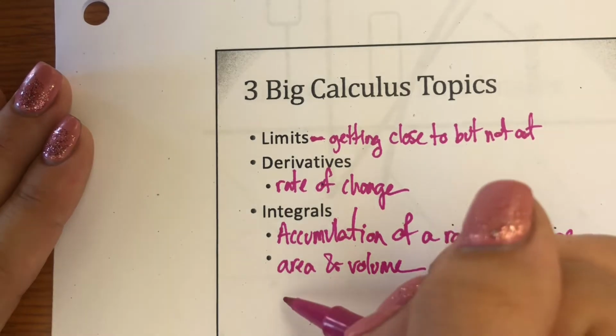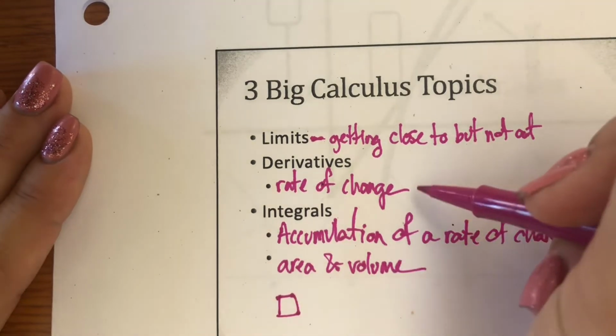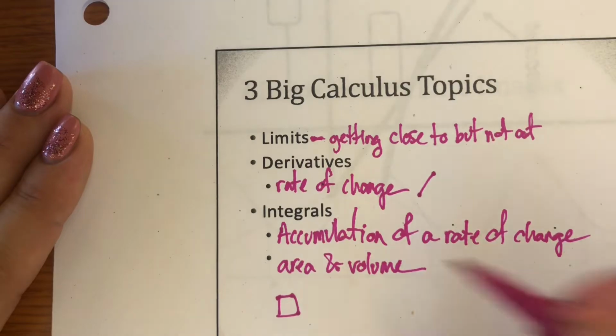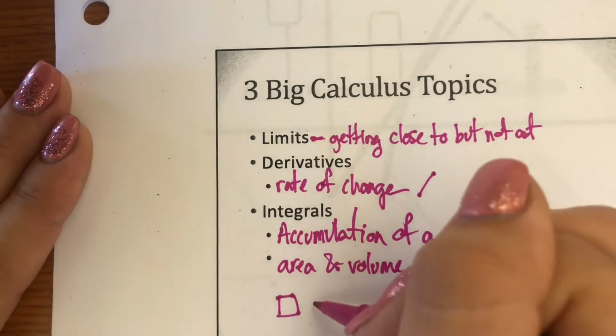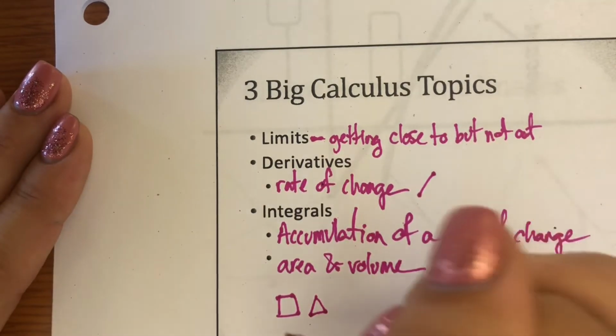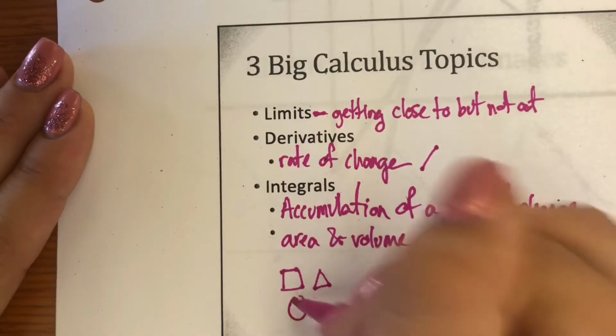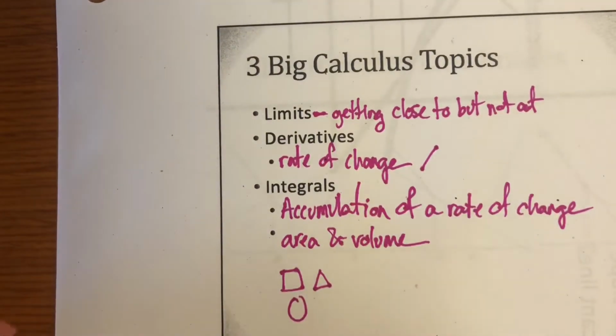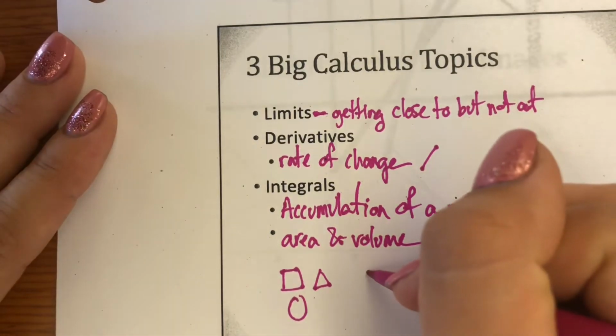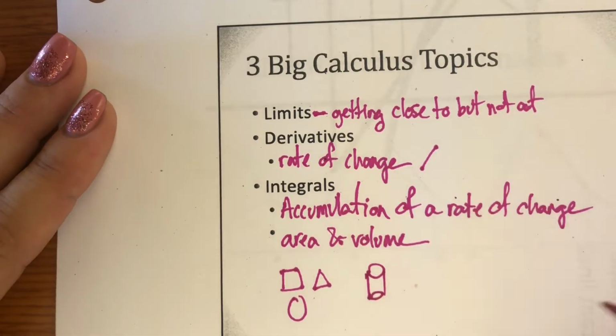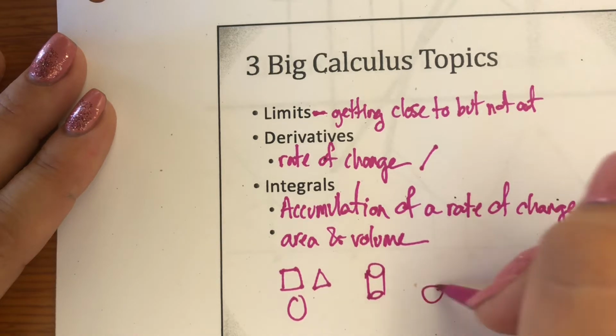You found the area of rectangles, you found the slope of lines, right? And then some specific things, like triangles, some specific things that did have curves, like a circle, but not any old curve. It had to be exactly a circle. Same with volume, had to be exactly a cylinder, or exactly a cone.